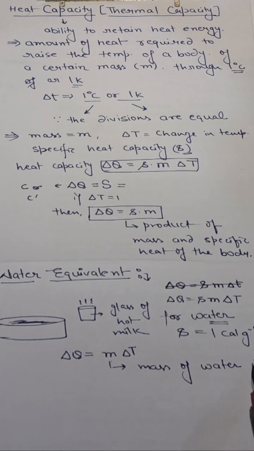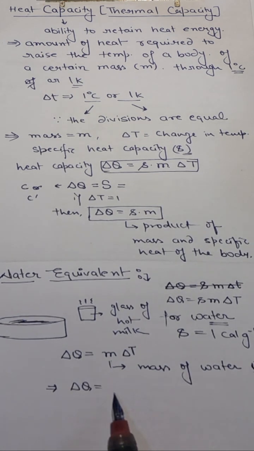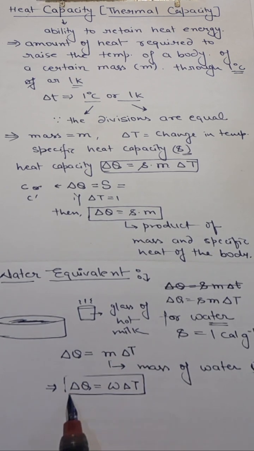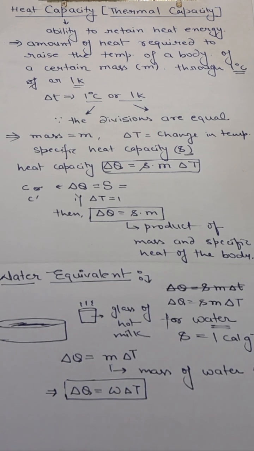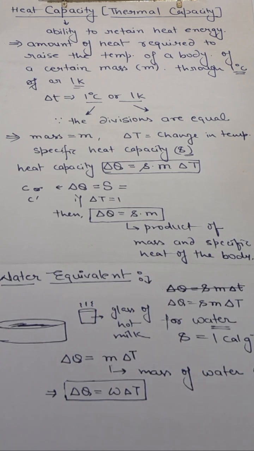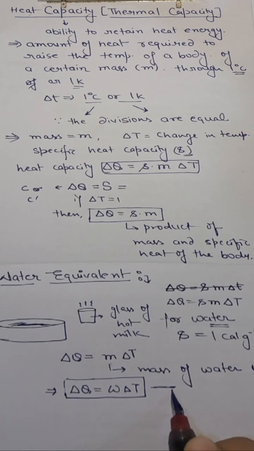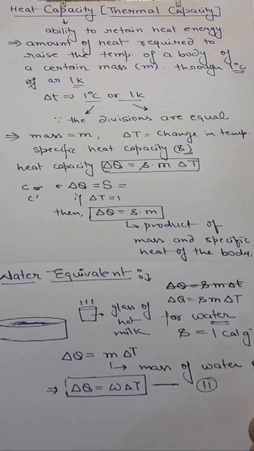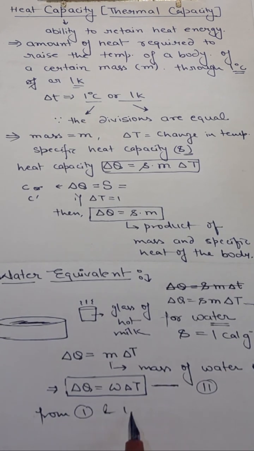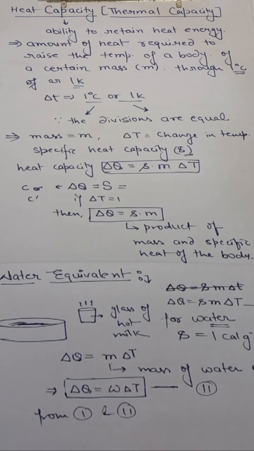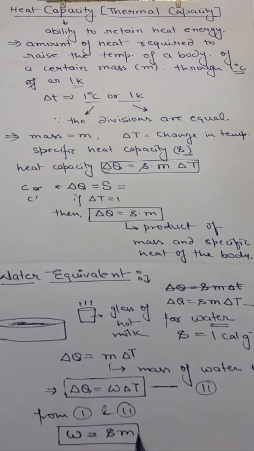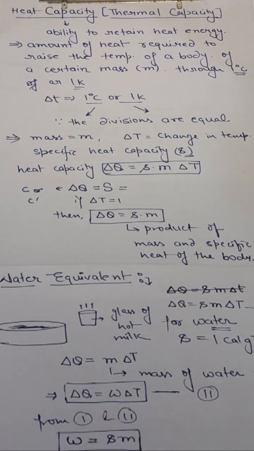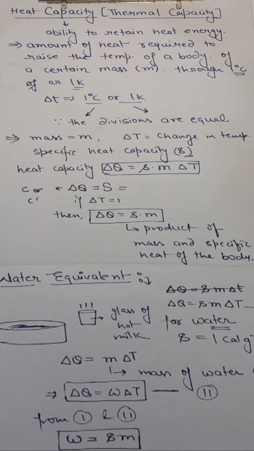Let this mass of water be W. So delta Q is equal to W T. So if we compare this equation, let it be the second equation, and let this be the first equation, from first and second, we come to the conclusion that W, meaning weight of water, is equal to S into M.